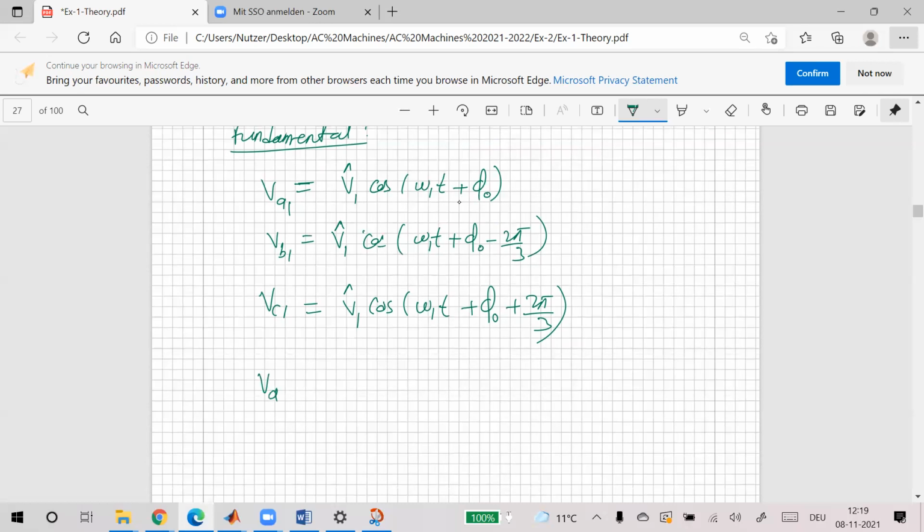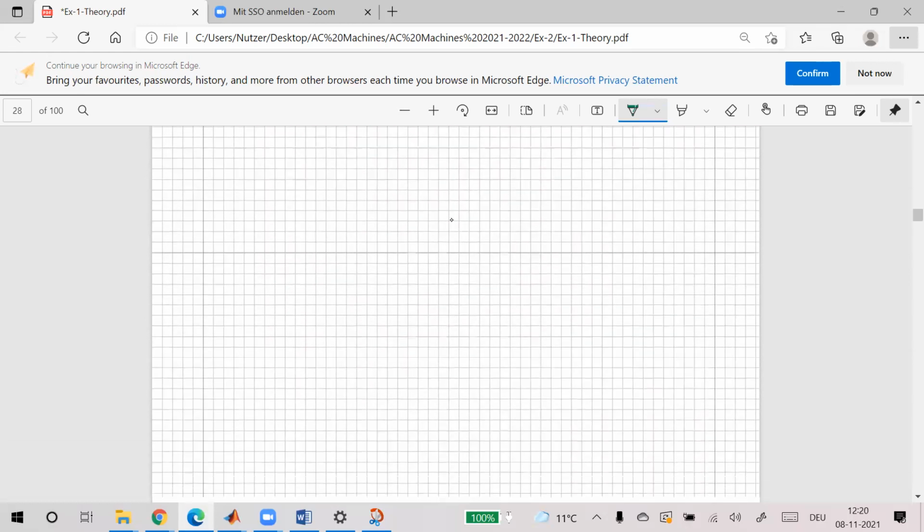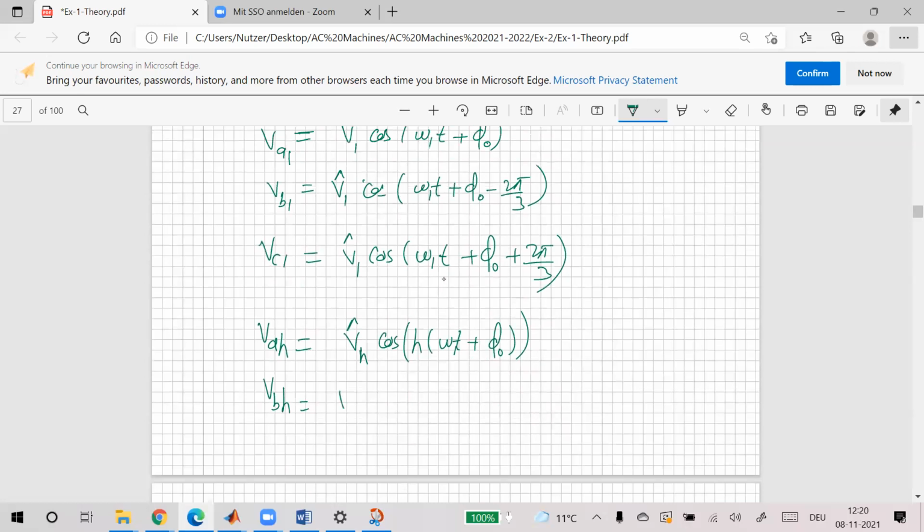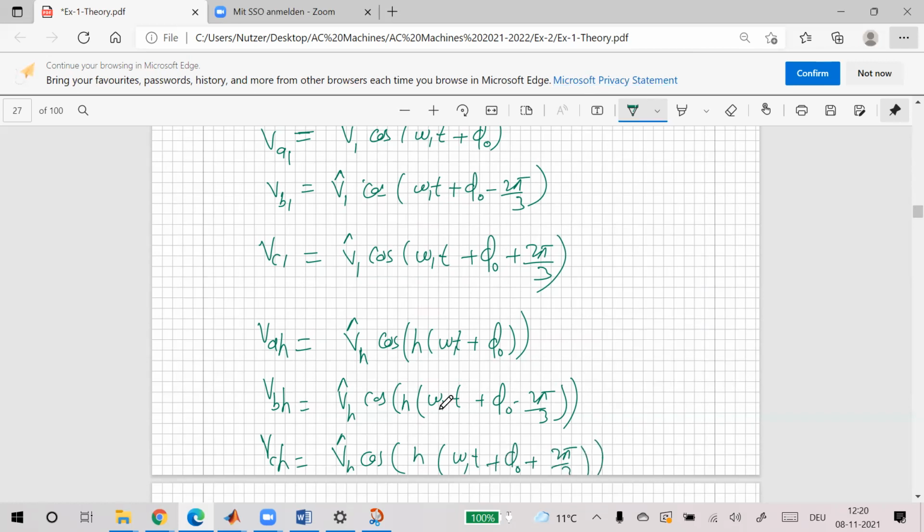So the general expression for harmonic H is VAH equals VH cap cos, the whole phase multiplied with H. VBH is equal to VH cap cos, again the whole thing multiplied with H, and again the whole angle multiplied with H. So this is your general expression for harmonics.